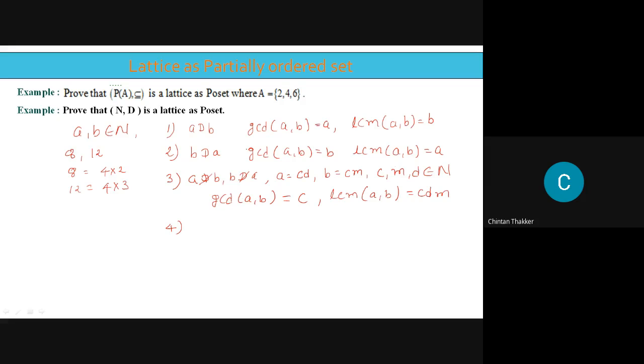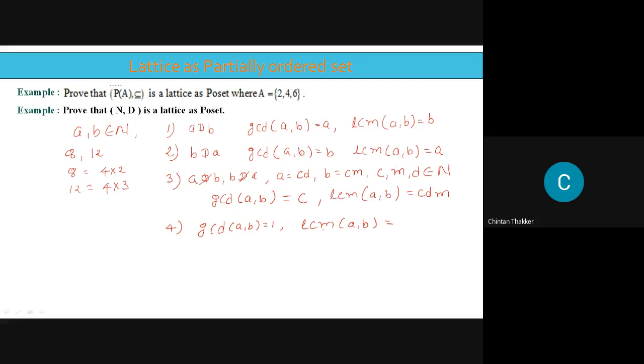The last case is that the common divisor of a and b is 1. That means GCD of a and b is 1, and LCM is a into b, like 2 and 3, like 2 and 5, 9 and 16.